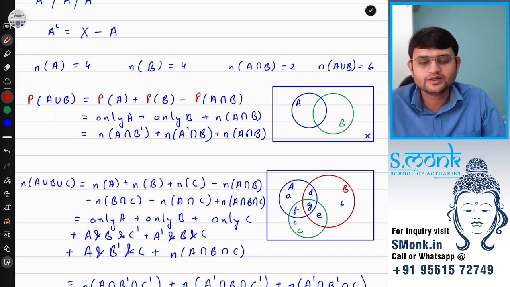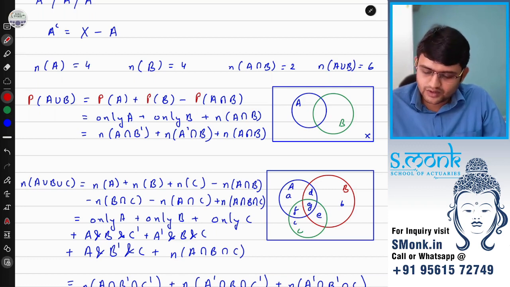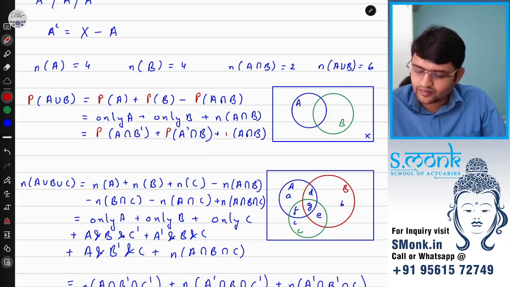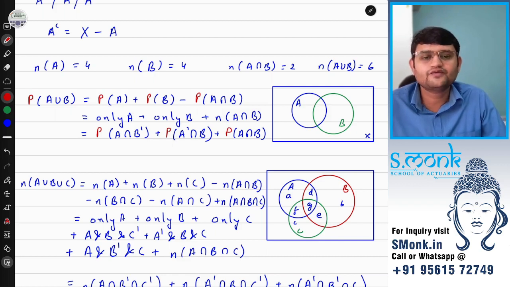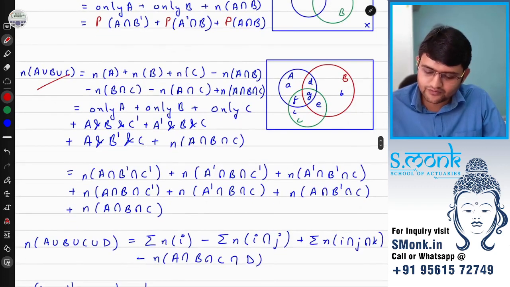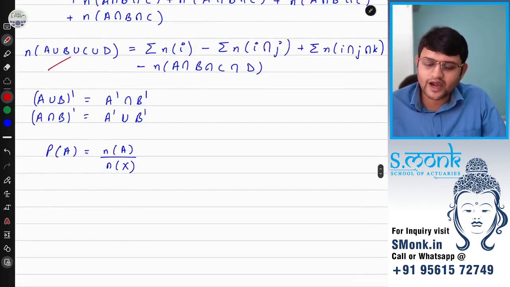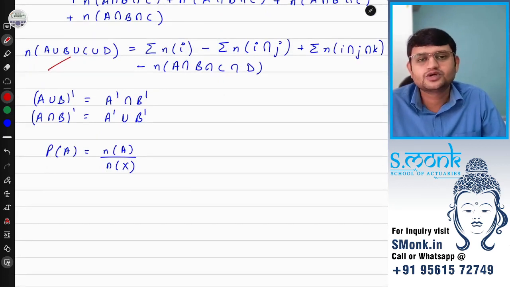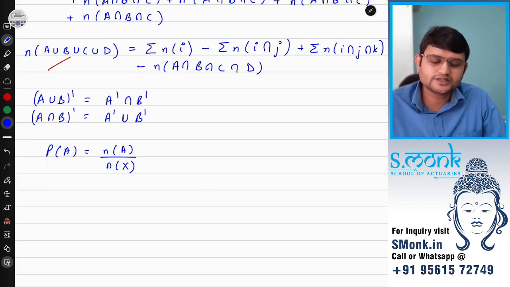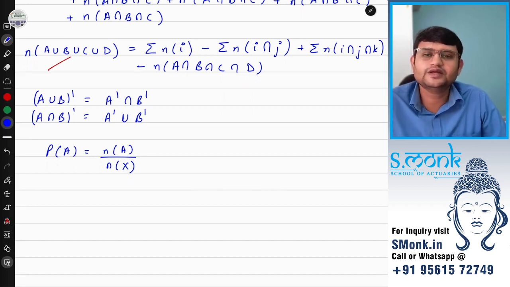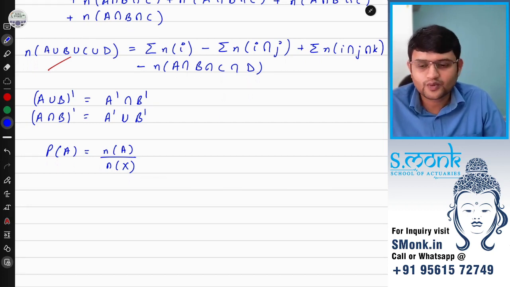So the formula remains the same. Instead of n, we have probability for everything. Everywhere you had n, now becomes p. So all the concepts that you have learned in sets can be directly translated into probability.